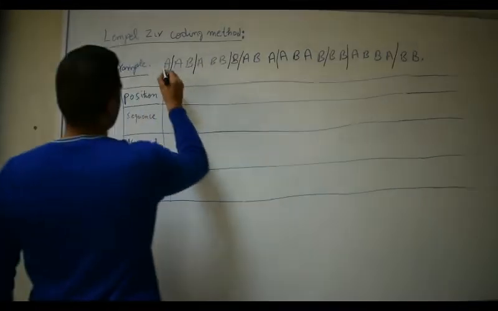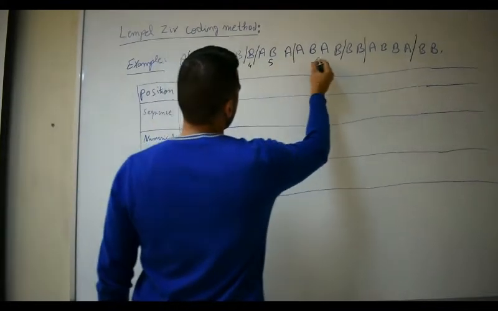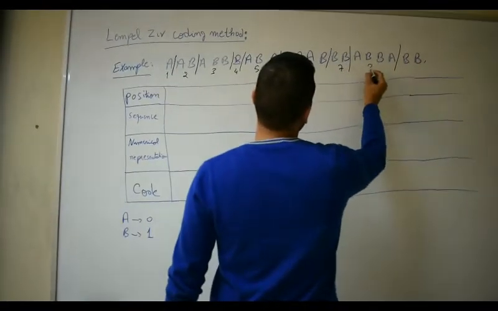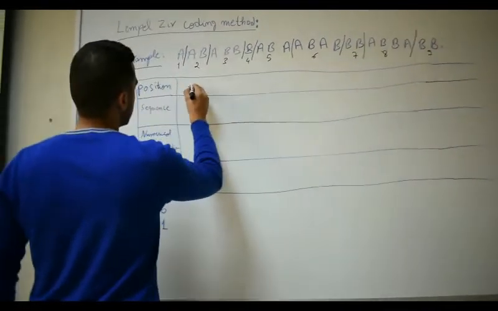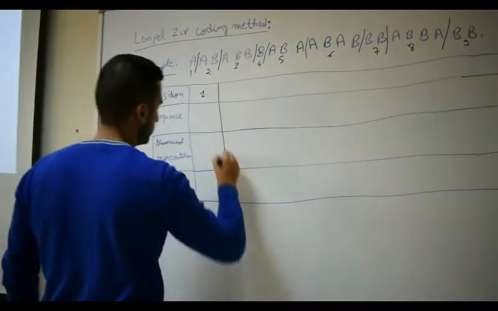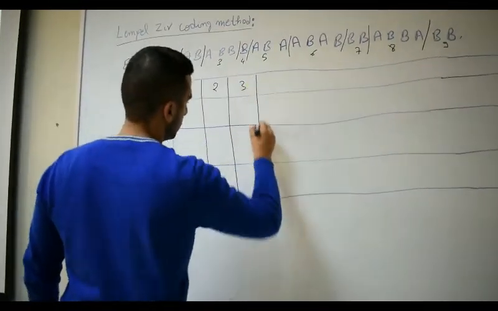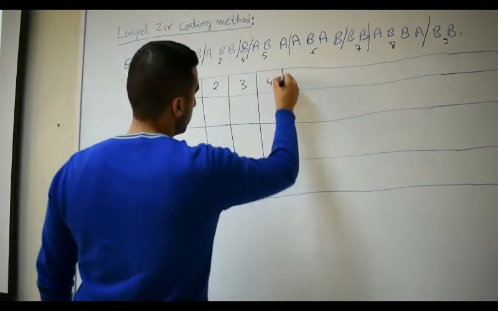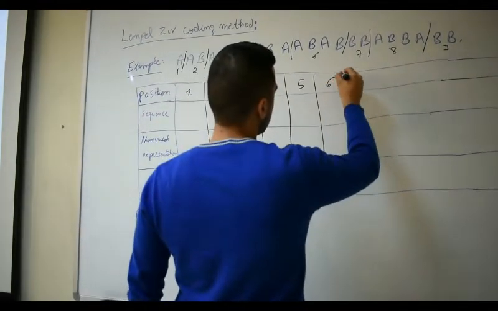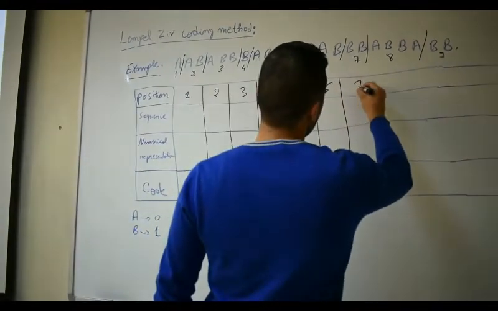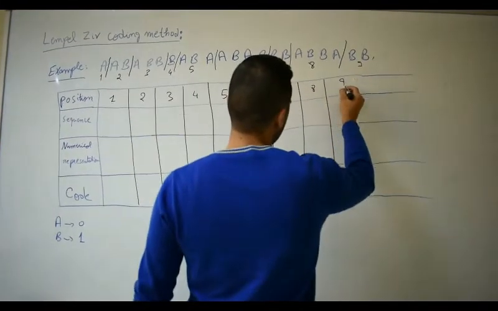So we have 9 positions: 1, 2, 3, 4, 5, 6, 7, 8, and 9.